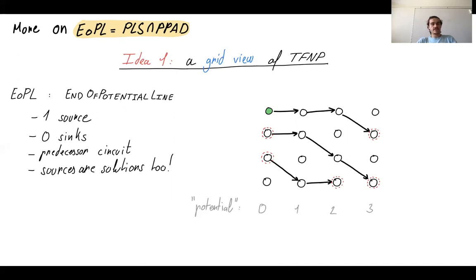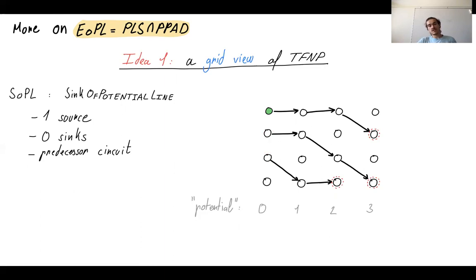So for people that are familiar with end of potential line, you might be worried that we actually have no potential circuit. But the thing is that it's hidden in the column structure of the problem. Okay. So we define this end of potential line problem as the complete problem for end of potential line.